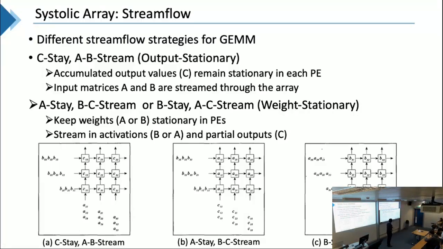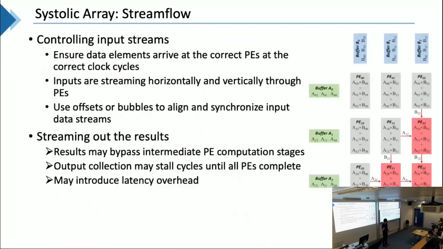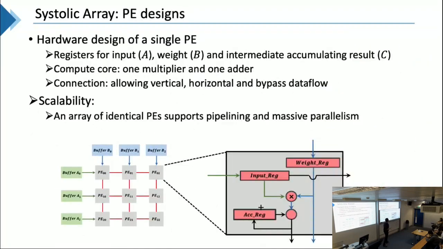If we use, for example, B stay and AC stream, the connectivity of these basic PE units will also need to be changed. Let's say this is your C, and this is your A. Basically, you will need an extra register which holds your B. So the B will stay at the same PE all the time during this computation.